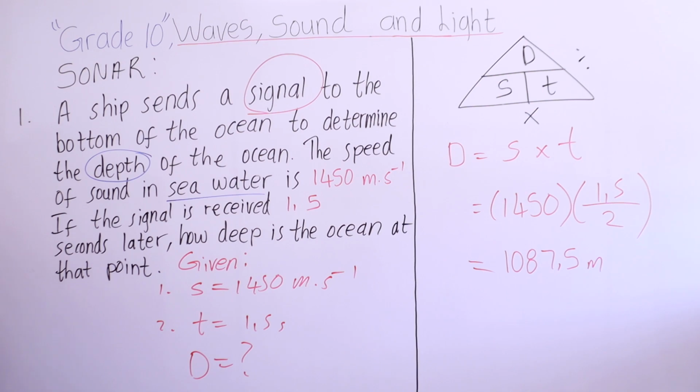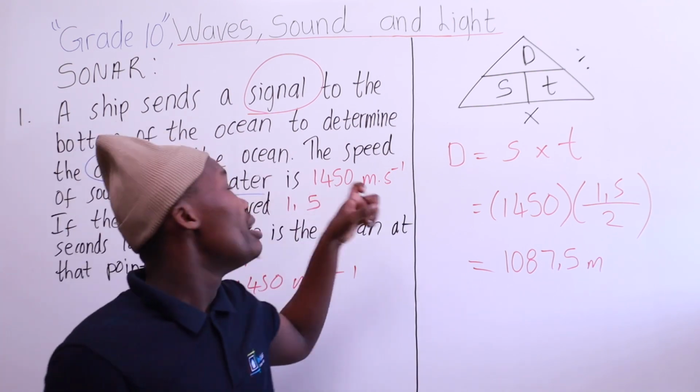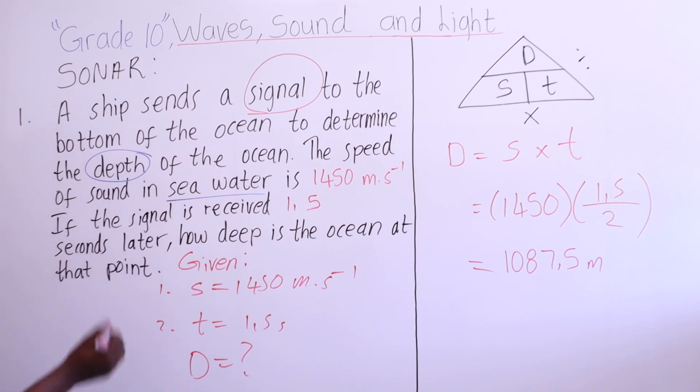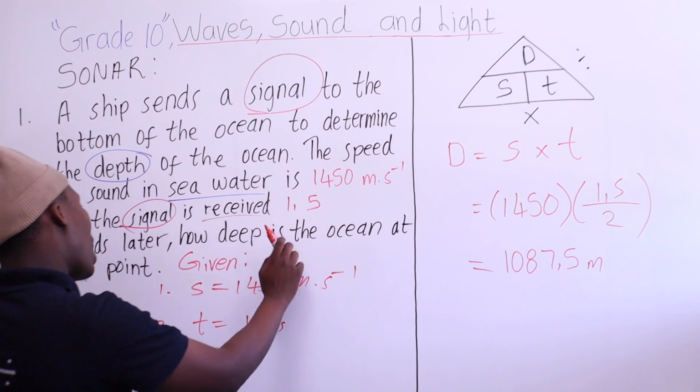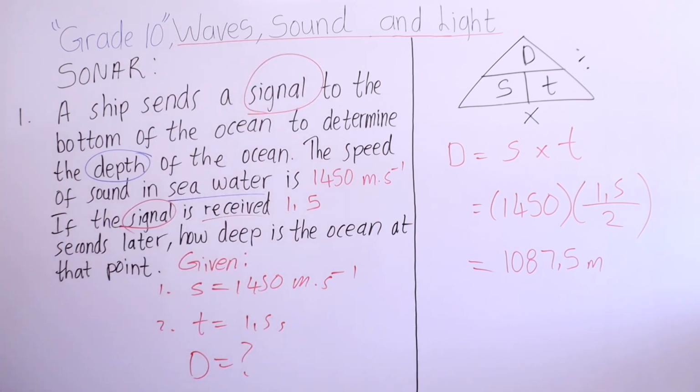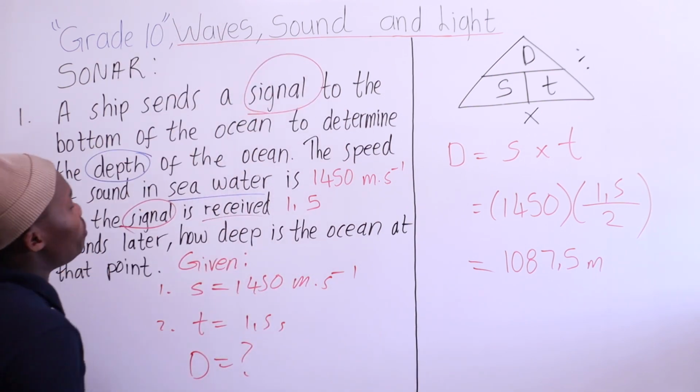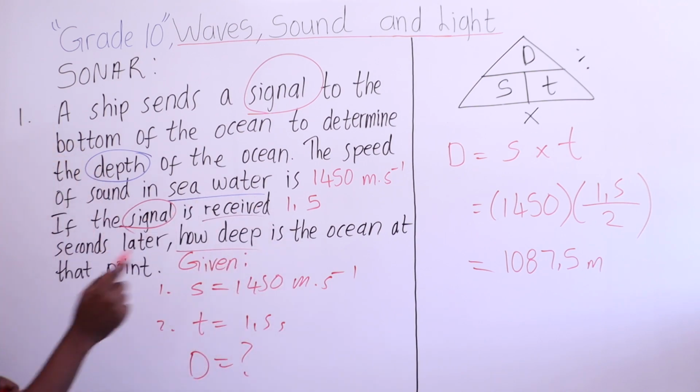The speed of sound in sea water is 1450 meters per second. If the signal, the wave, is received back after 1.5 seconds, how deep is the ocean at that point?